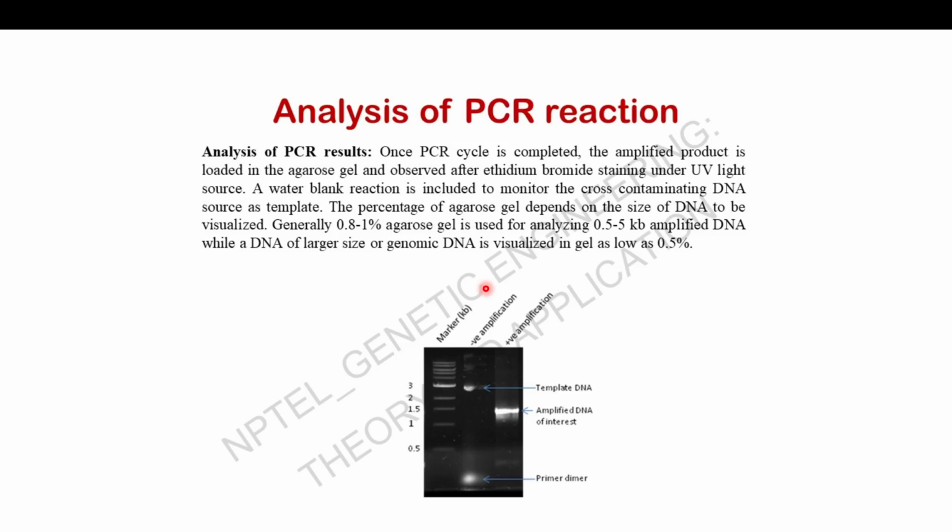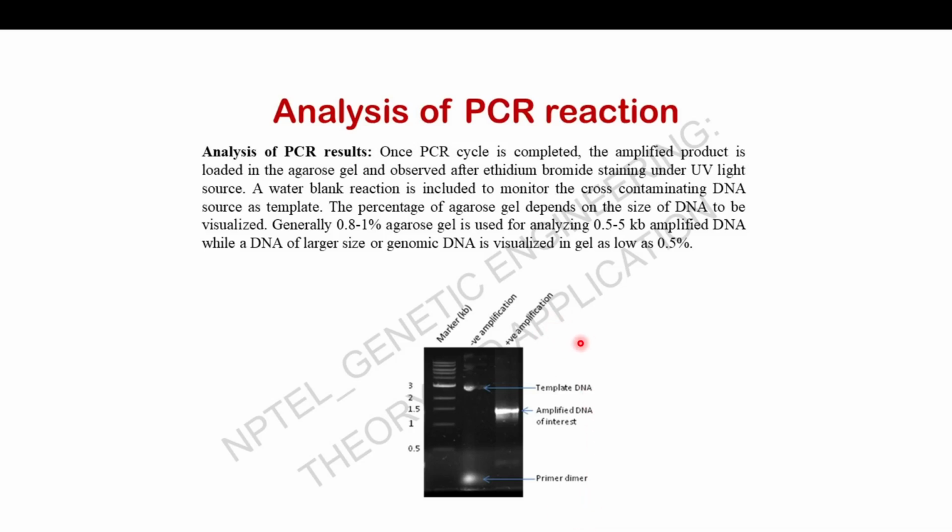Usually it's agarose gel electrophoresis, where you have an agarose gel with cross-linked residues of sugar, and the cross-linking of these residues helps in forming pores, and the DNA, the amplified PCR product being negatively charged, passes through those pores. This is the negative electrode here and positive electrode here.